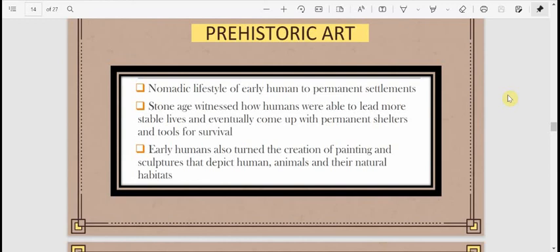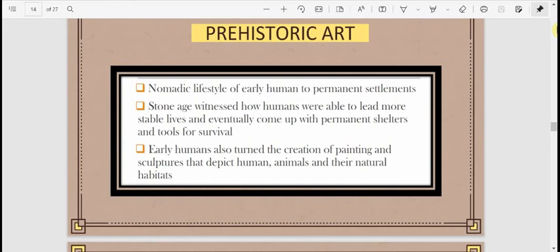And lastly, early humans also turned the creation of paintings and sculptures that depict human, animals, and their natural habitats. And sabi natin kanina, just to be clear, when we say nomadic, it means roaming about from place to place aimlessly, frequently, or without a fixed pattern of movement.